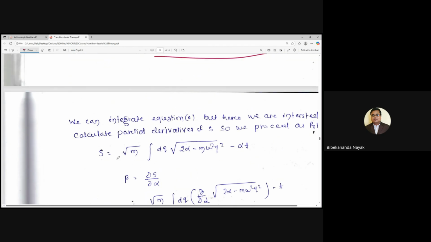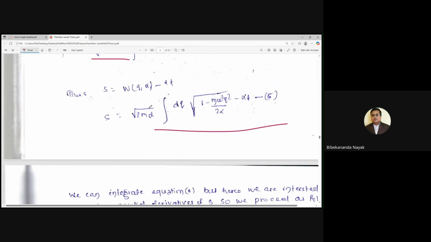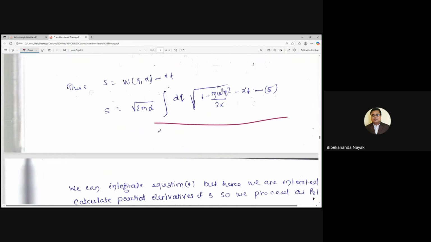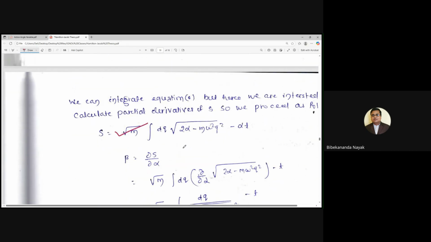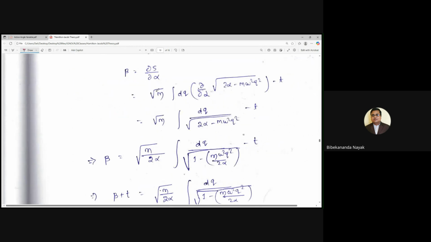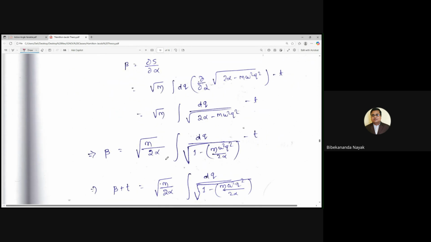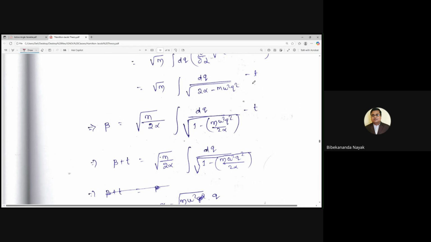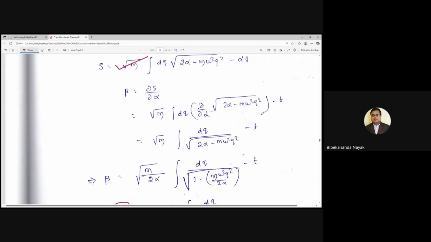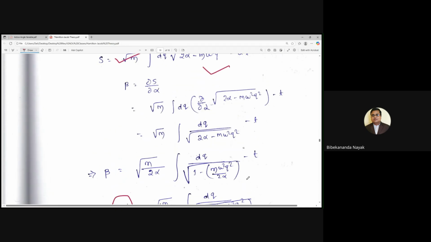Since S is this one, which is written here, you can cancel root 2m, so it will be root m times this. So beta is equal to ∂S/∂alpha. Take its derivative and you can get beta, and the integration minus t. So beta plus t is equal to this one. If you integrate, this is the function, so you get this easily.